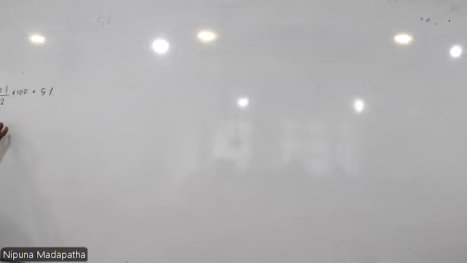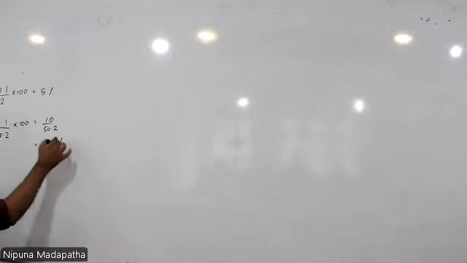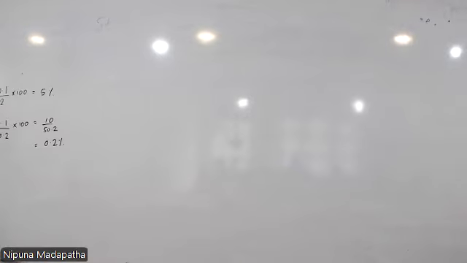So 0.1 over 50.2 times 100, approximately 0.2. To the nearest decimal point, it is 0.2.